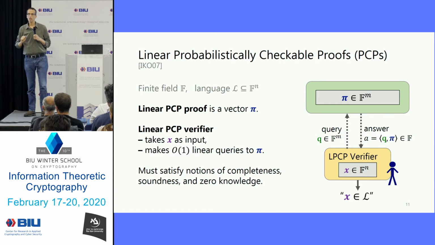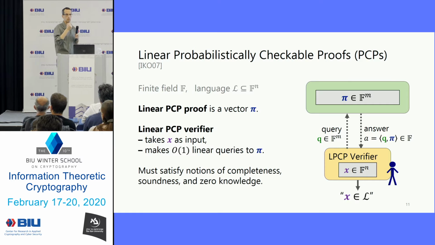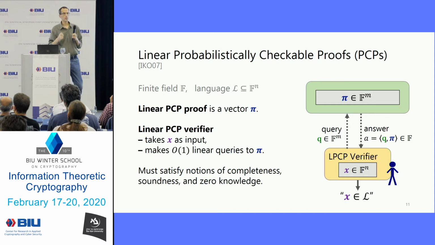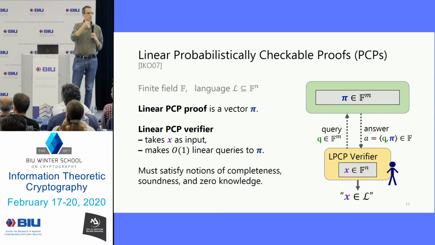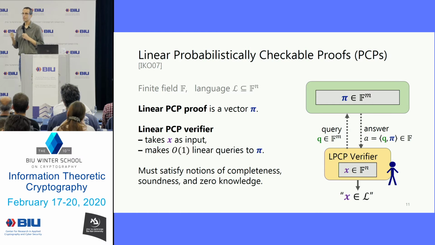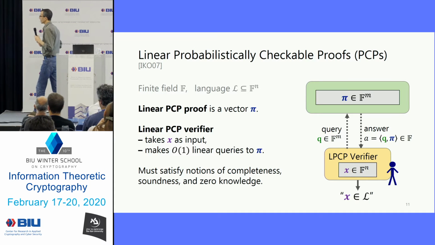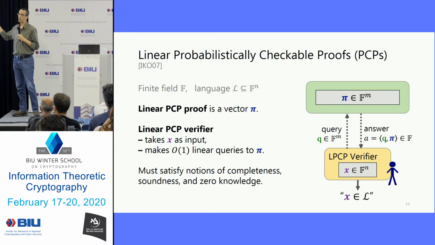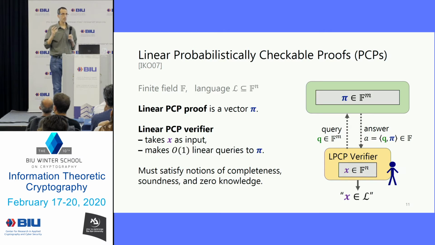That's pi. Now, usually in just general zero-knowledge proofs, maybe the prover would send pi to the verifier. But here, the verifier does not have access to the whole proof. It has only linear access to the proof. What does that mean? What the verifier does is construct a query. And the query is some vector over this field.